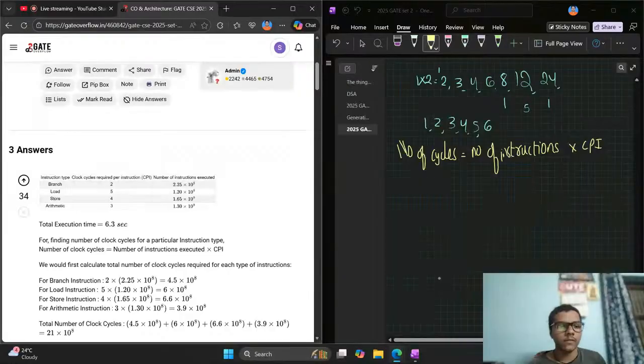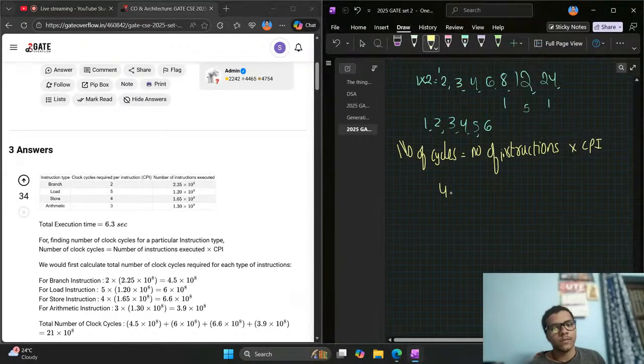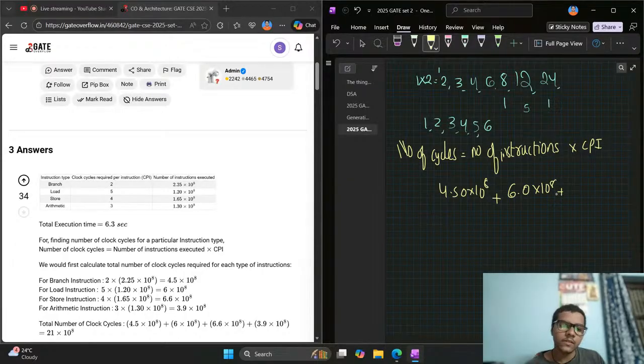Okay, total number of cycles it takes is 2.25 times 2. How much is that? 4.50 into 10 power 8 plus 6.0 into 10 power 8 plus 6.4 plus 0.2, 6.6 into 10 power 8 if I'm not wrong.